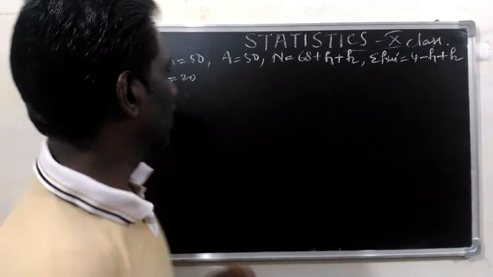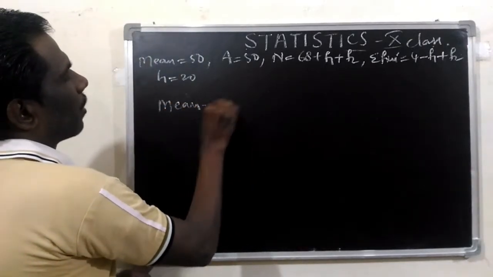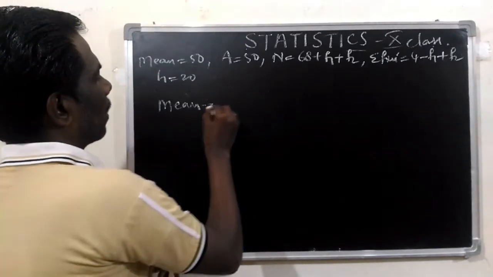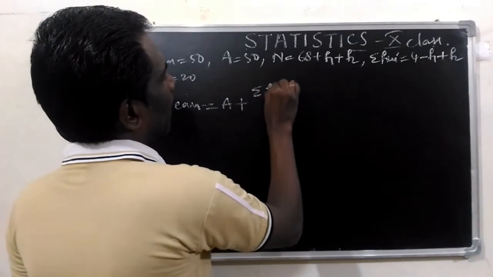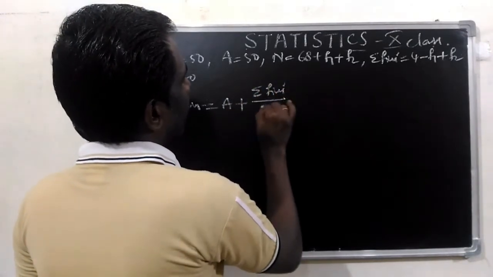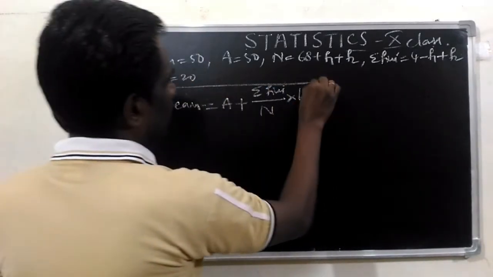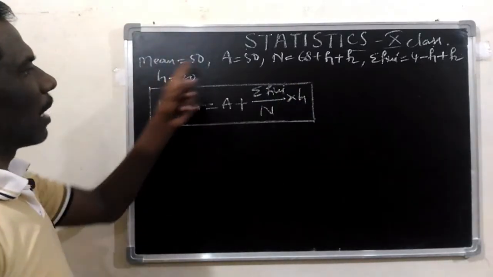Now I am writing the mean formula in the step deviation. Mean is equal to a plus sigma fi ui by n into h. Now we have to substitute these values in the formula.